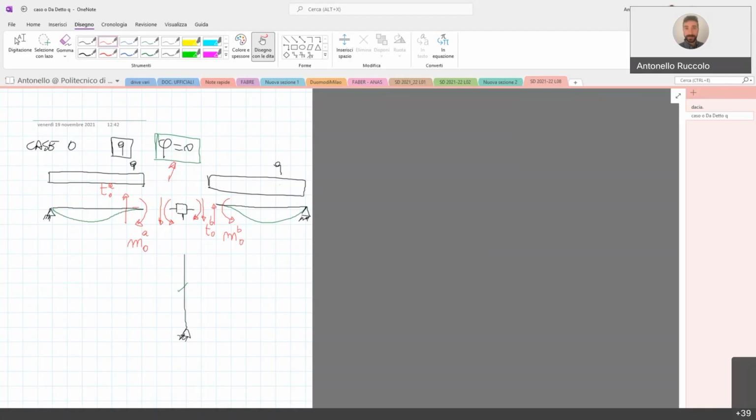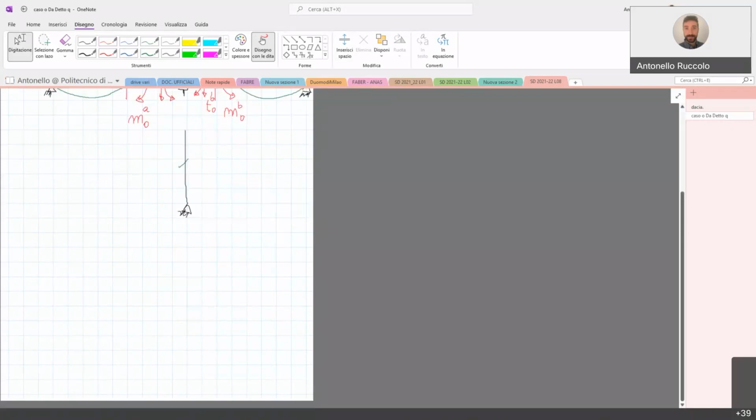Then we consider another load condition, and we study the reactions also in the other load condition. And then we use the superposition principle in order to obtain the actual one. Similarly, we are doing like this. The only thing that we need to know is the value of these moments and these shear forces.